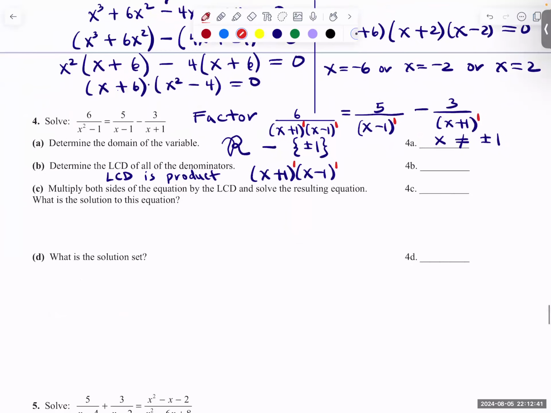Step C, multiply both sides and every term by the LCD. Let's see if we can squeeze that here.